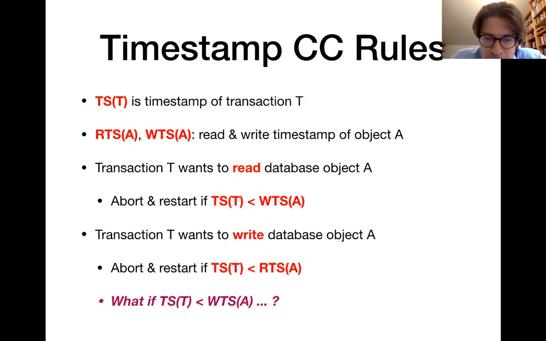Now, if we see that the timestamp of the transaction trying to do the write is actually smaller than the read timestamp of the object we are trying to write to, it means that another transaction with a higher timestamp has already read the current value of object A.